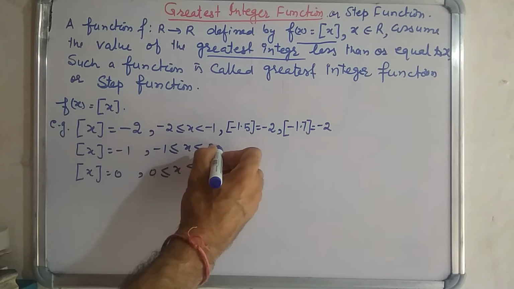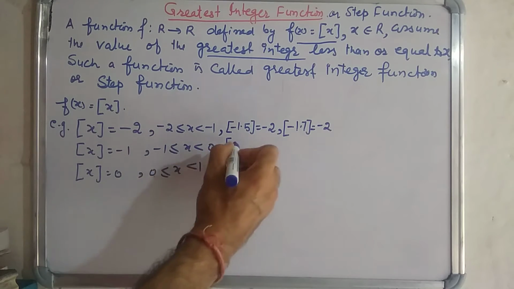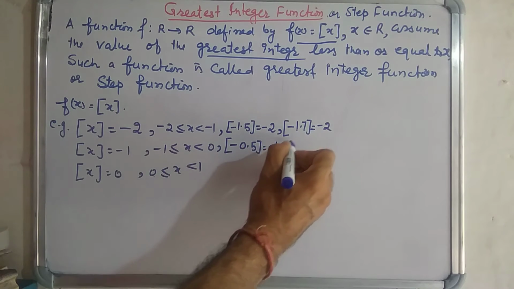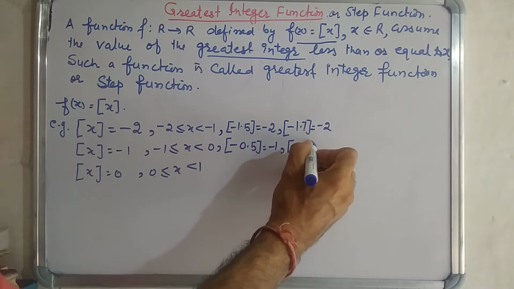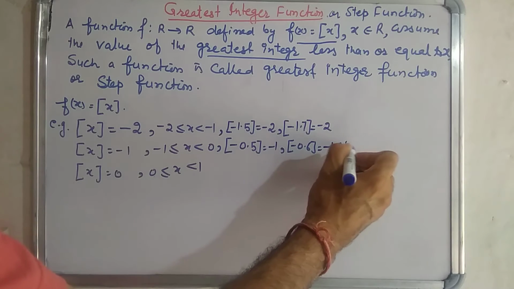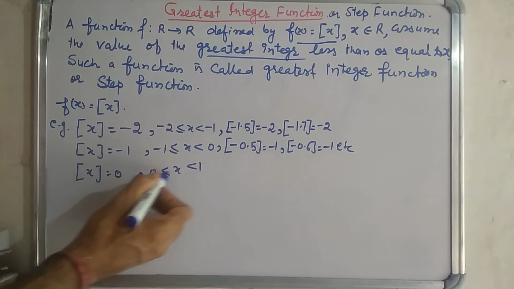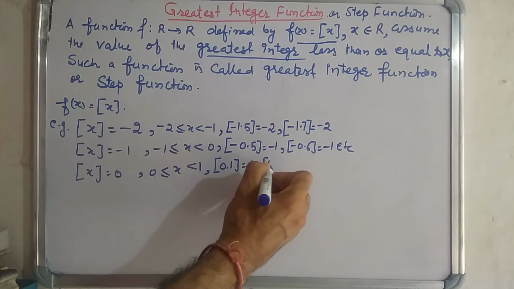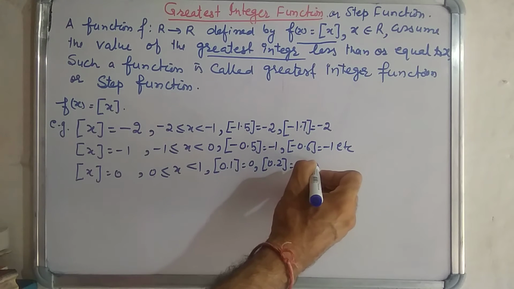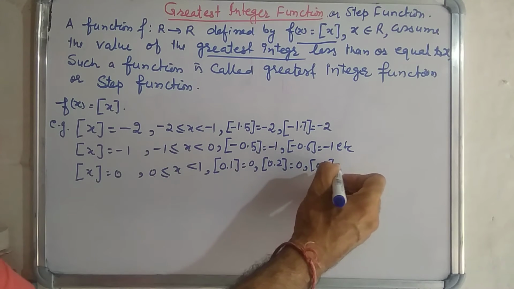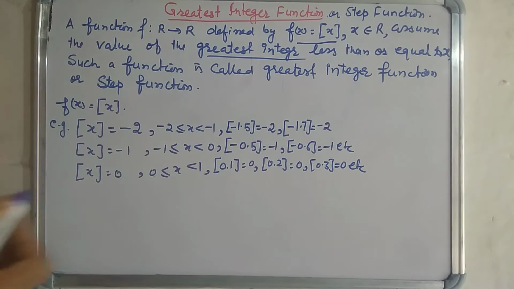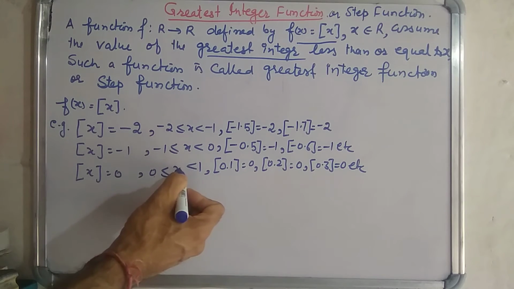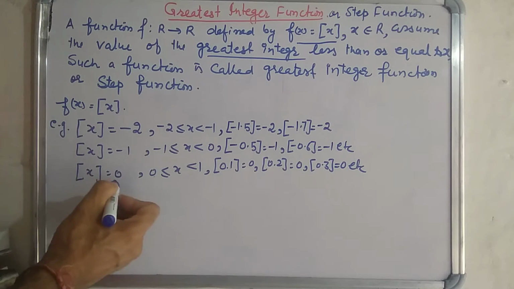In the next interval, the value of minus 0.5 is minus 1, minus 0.6 is also minus 1, etc. From 0 to 1, the value of 0.1 is 0, 0.2 is also 0, 0.3 is also 0, etc. So if x is less than 1 and greater than or equal to 0, the greatest integral value is 0.